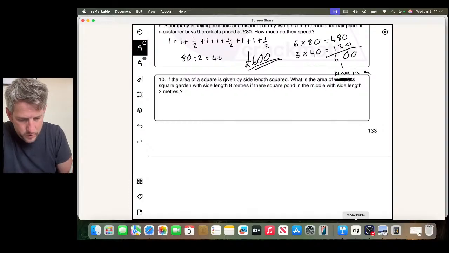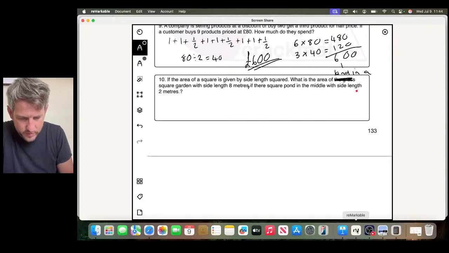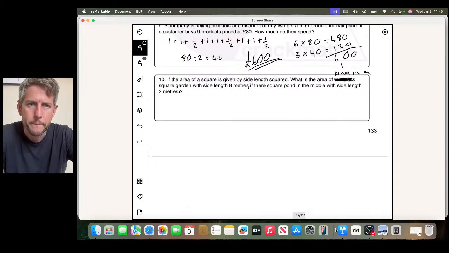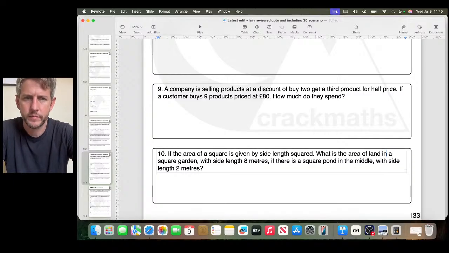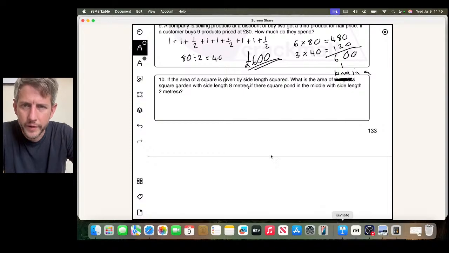If there is a square pond with side length 2 meters. Okay. Let me just check once more. Sorry about that. What is the area of land in a square garden? Right, okay, right.